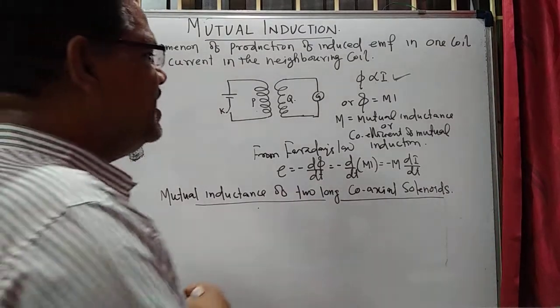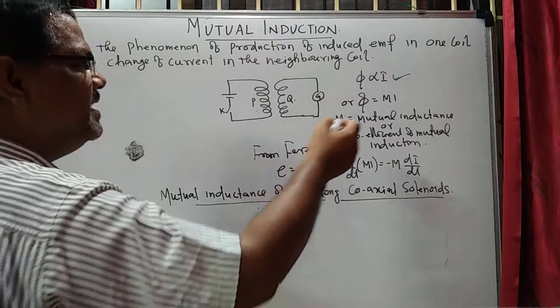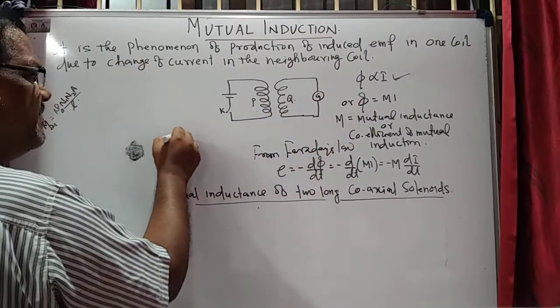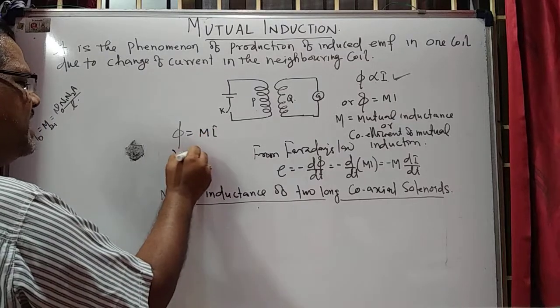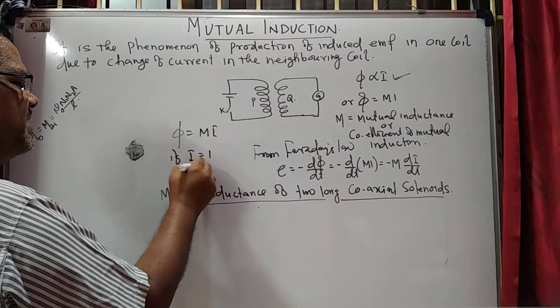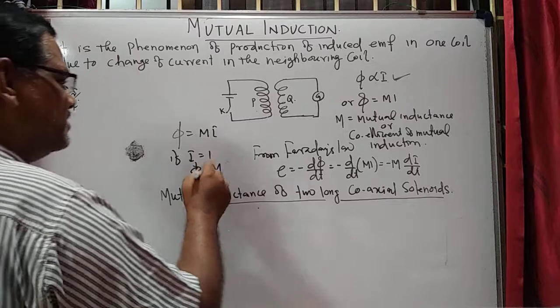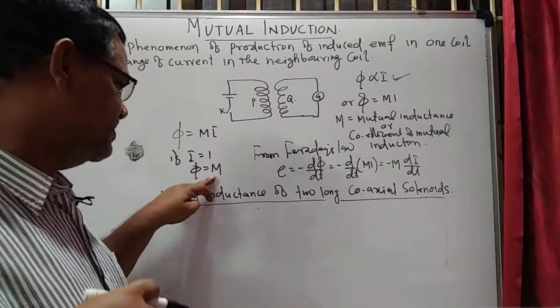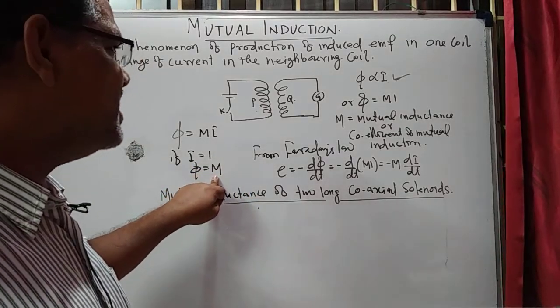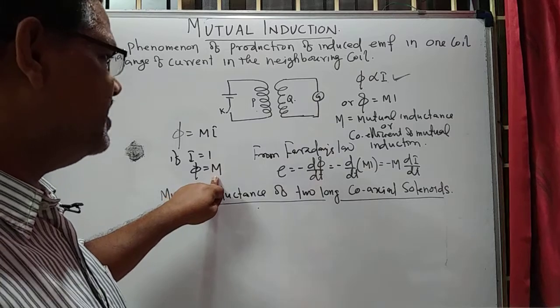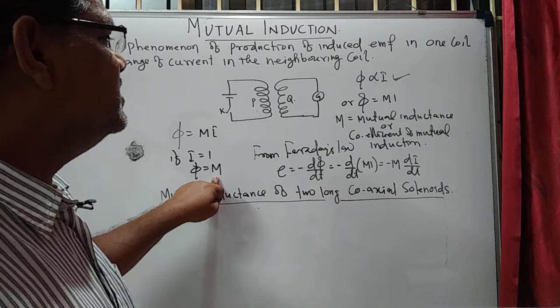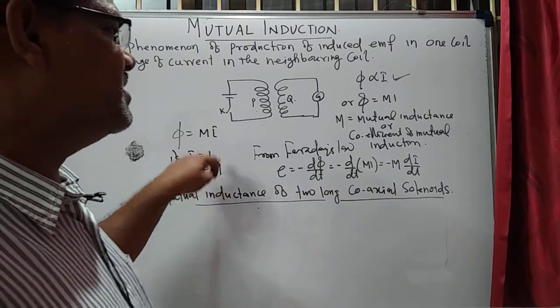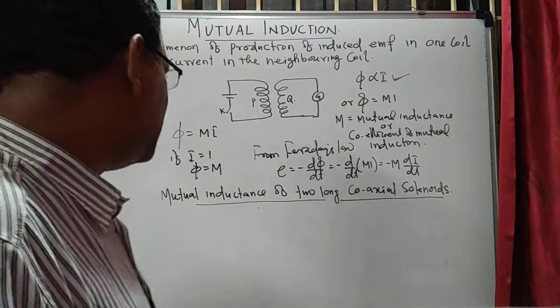From the definition, you are getting phi equal to M I. If I equals 1 unit, then phi becomes M. Whenever you talk about mutual induction, we are taking the mutual inductance of one coil with respect to another one.